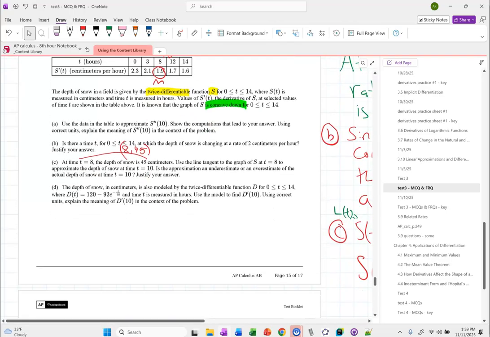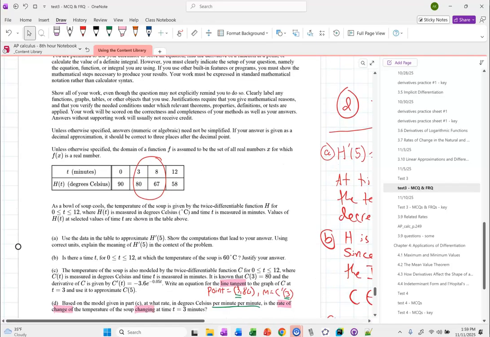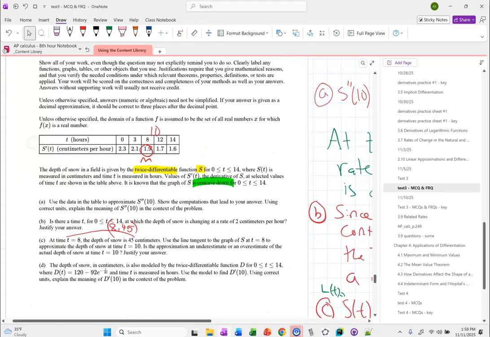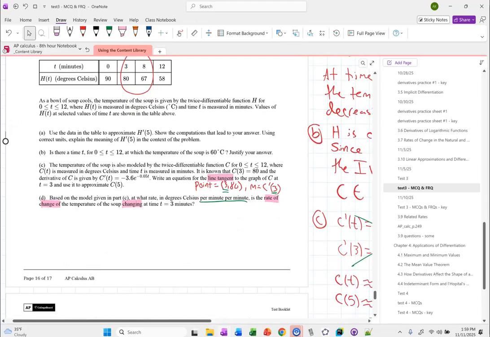All the questions are asking to do the same thing: approximate the second derivative, explain, and so on. Approximate the first derivative this time, explain in units. But here, the table is the function. Over here, the table was the first derivative. It's the same problem as before. But I don't know if I have the time on this. It's okay? Are you sure? Okay. Well, Lucia's spoken, so there it is.